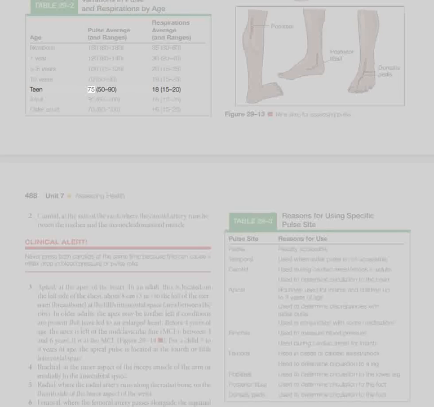Teen: 75, 50 to 90; 18, 15 to 20. Adult: 80, 60 to 100; 16, 12 to 20. Older adult: 70, 60 to 100; 16, 15 to 20.